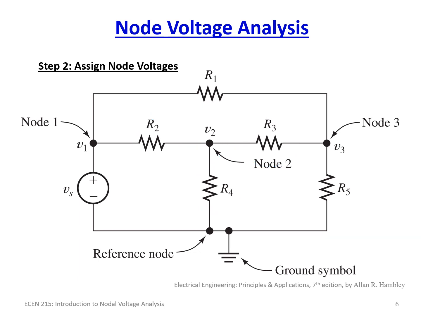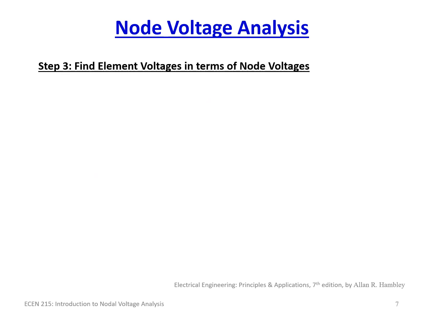And then we have where these 3 elements are connected together, right there. So we've got 3 nodes. So that's step 2. Fairly straightforward so far, nothing too complicated. Every place that you have a combined set of elements coming together is a node. So the very next step, 3, is we need to find the element voltages.